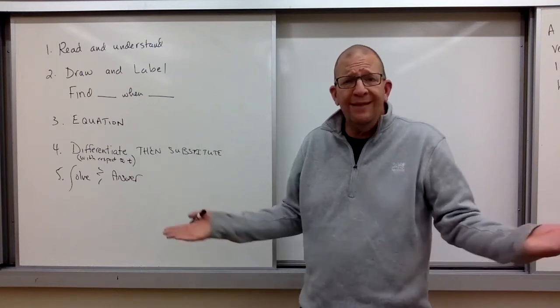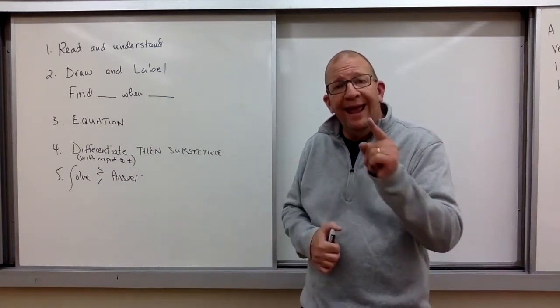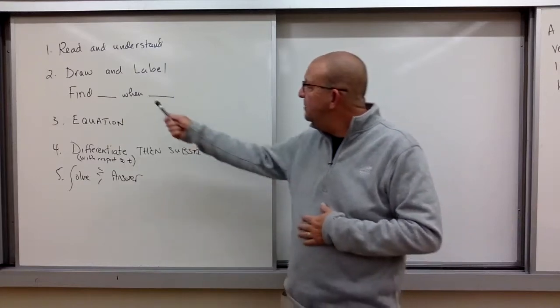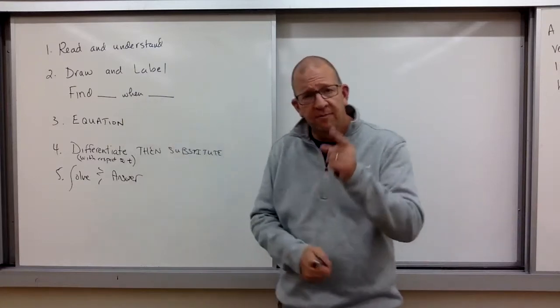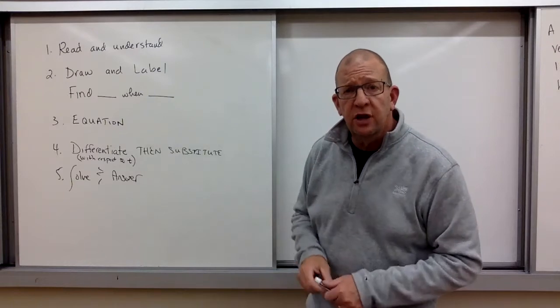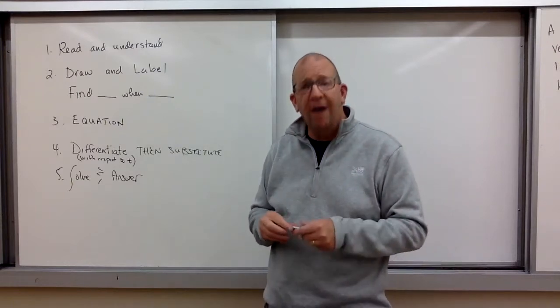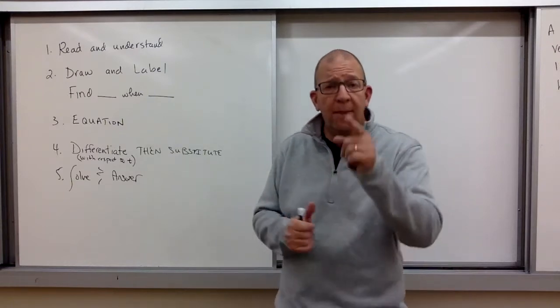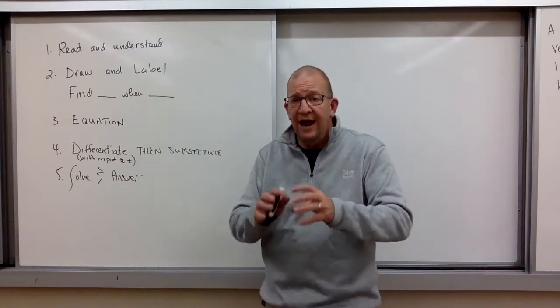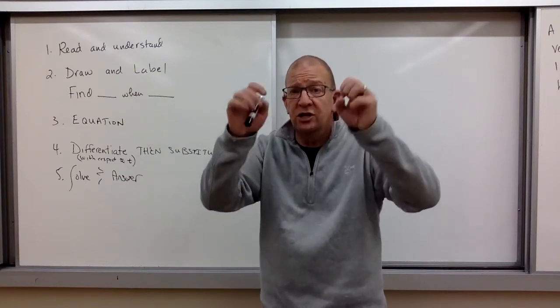Step 2, draw and label a picture, and find blank when blank. This is my little key to solving these related rates problems. Find blank when blank. Remember how related rates work. We've got action, action, action, action, action, action, action, freeze!